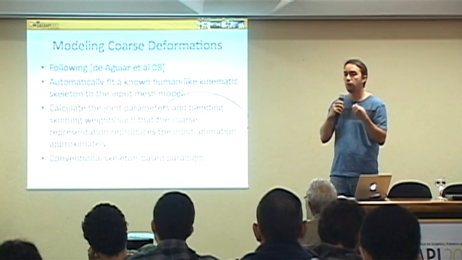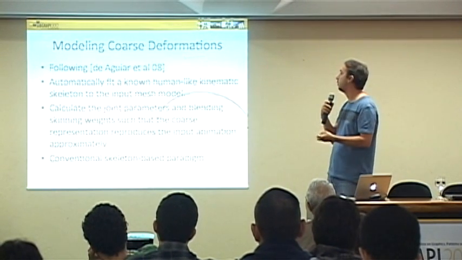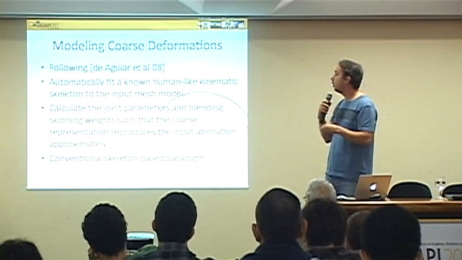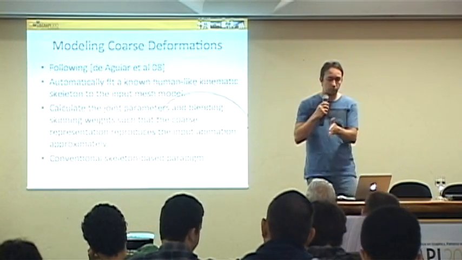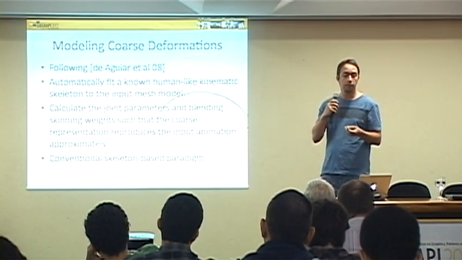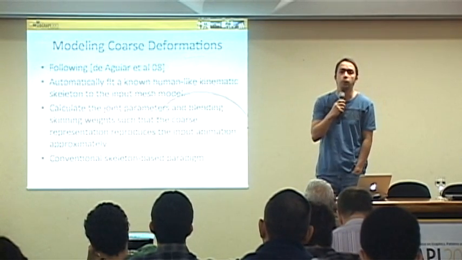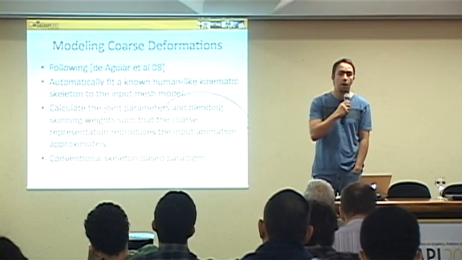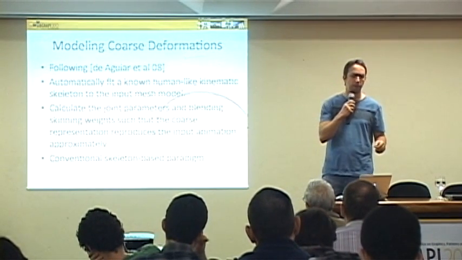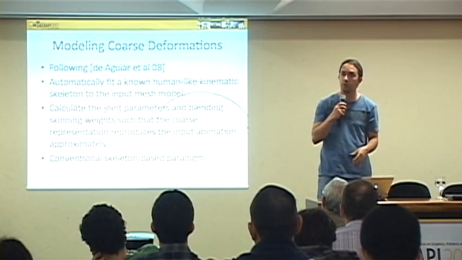We know it's a human, so you know how many bones it has, what the hierarchy is, and so on. After fitting this skeleton to the input, considering the whole sequence, you can calculate the joint parameters and the blending skinning weights, such that the coarse representation will then reproduce the input animation as close as possible. So again, this matches the conventional skeleton-based paradigm, which is good for the animators.